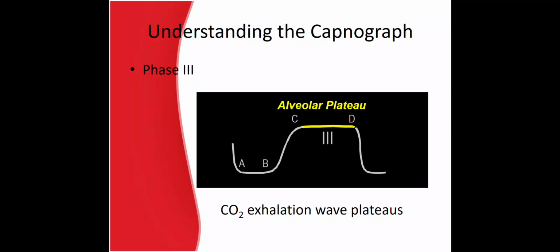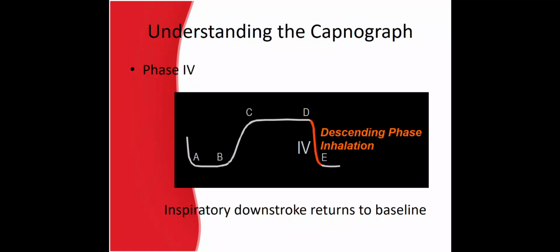This is where the sharp rise of phase 2 ends and begins to plateau and level off. The end of this alveolar plateau, indicated by the letter D, is the amount measured as the end-tidal CO2. Phase 4 is the descending phase and is where inhalation takes place. At the end of phase 4, the waveform returns to baseline.